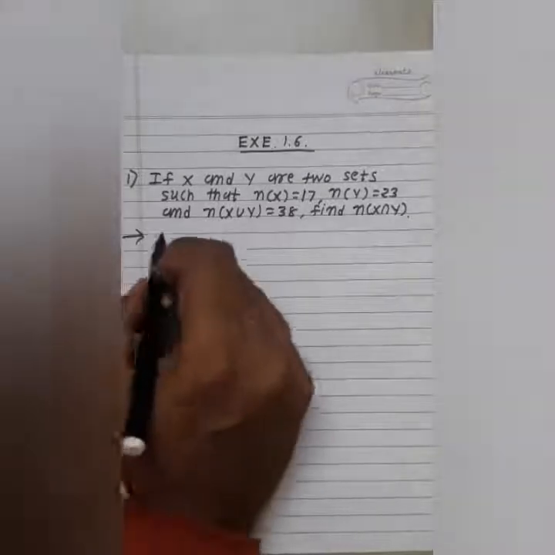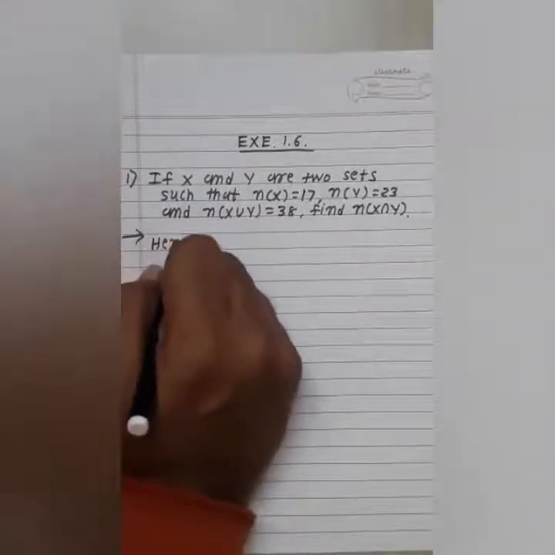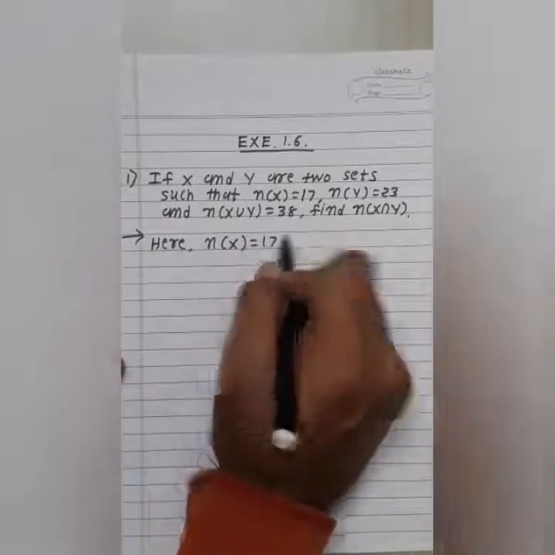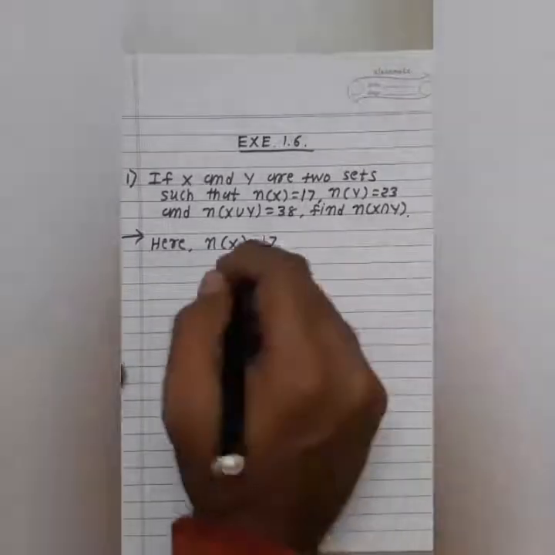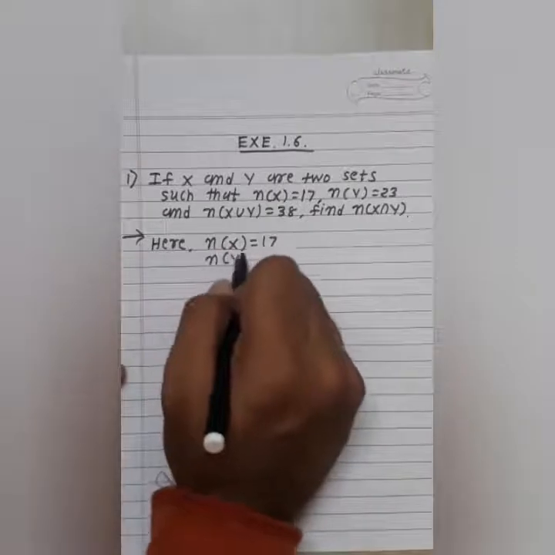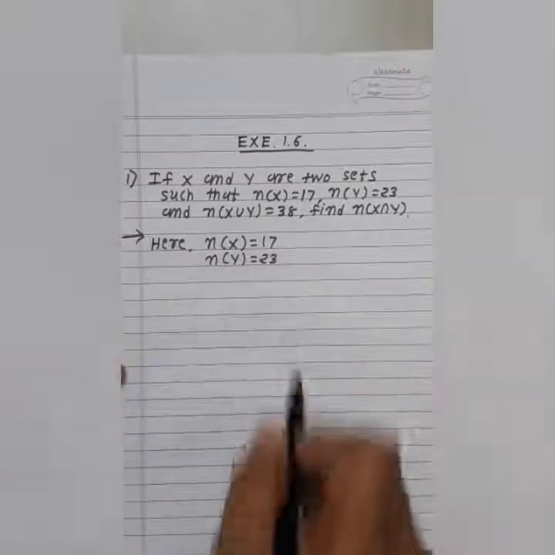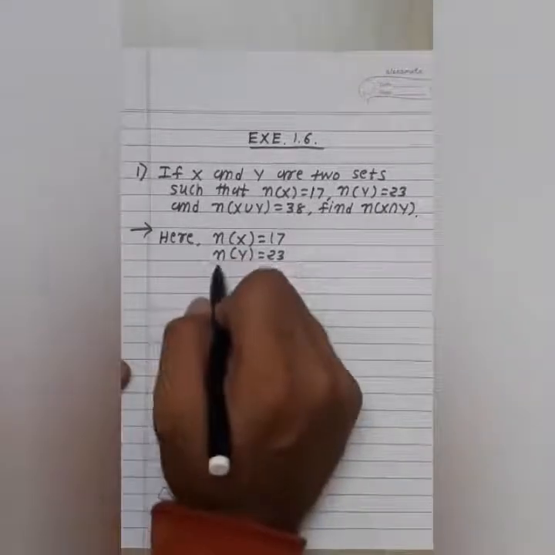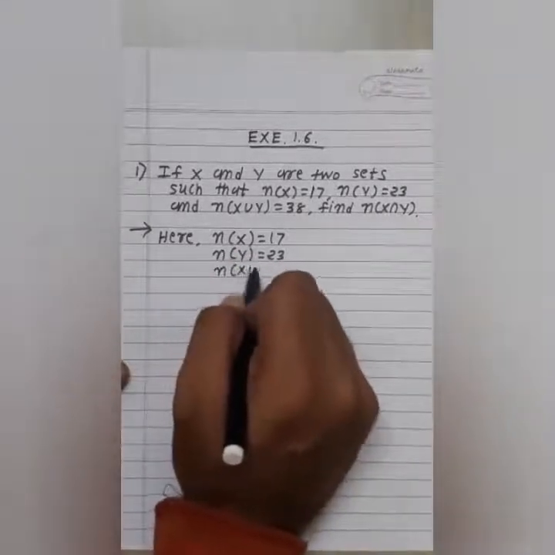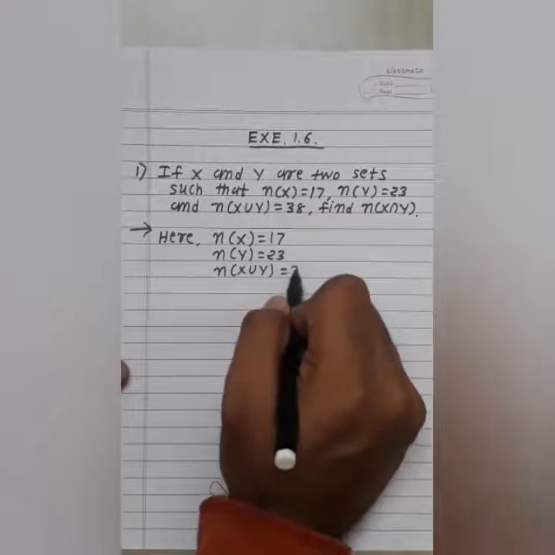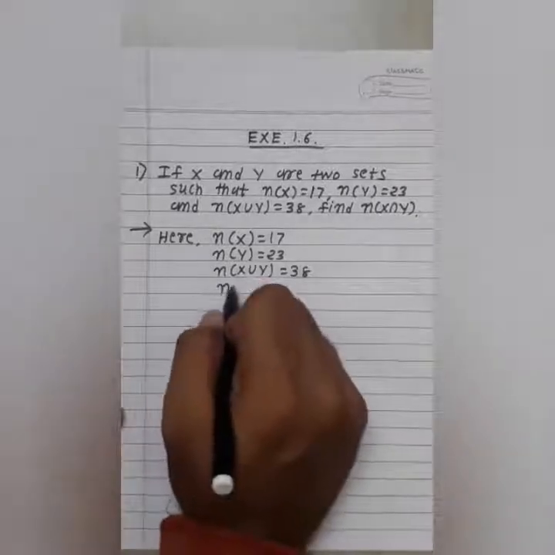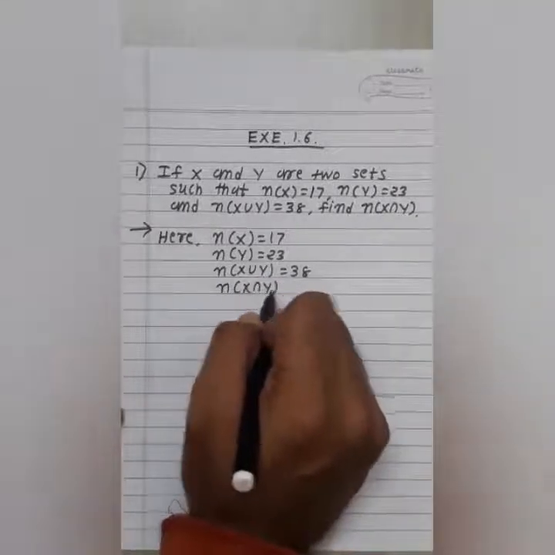First of all, we write n of x is equal to 17, n of y is equal to 23, n of x union y is equal to 38, and our question is to find n of x intersection y.